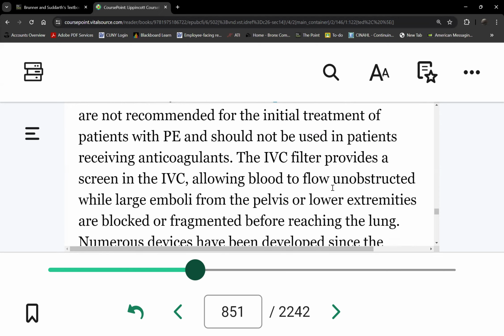And this thing has a 98% effectivity of preventing future PEs. The 2% failure rate is if the clot forms above, which is in the superior vena cava. There is no SVC filter. They say it can't be done. They can't anchor it because of gravity, obviously.